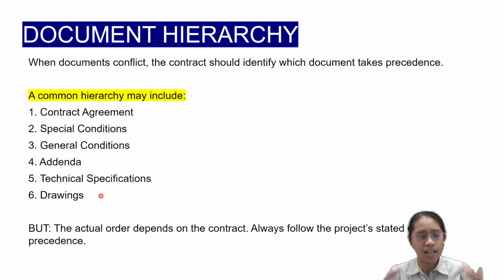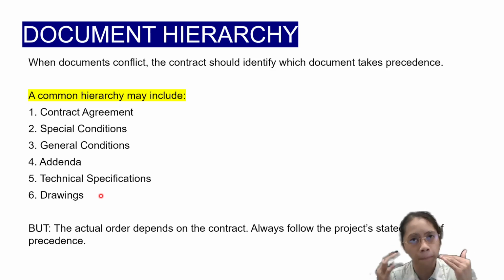Drawings as well are lower than the technical specifications because these are just visual representations of the design. So errors are more prone in the drawings, more so with the BOQ, which is just dependent on the drawings, technical specifications, and the contract.